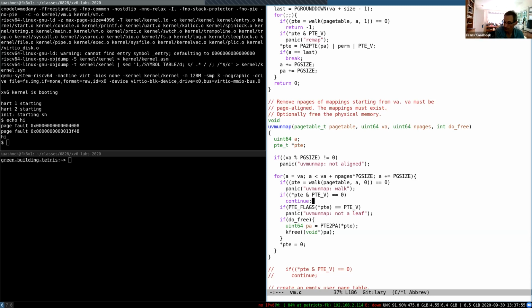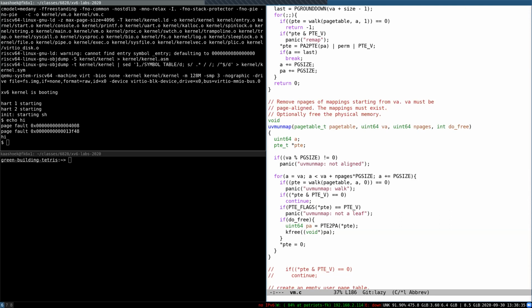And so it's totally reasonable that there is going to be a case where there's no mapping for a virtual address because it actually wasn't allocated yet. And for that case, we just have to do nothing. We can't free the page, correct? But there is no page to free. And so the best thing is to do continue and just go to the next page in the loop. Okay, that makes sense. Thank you. Yeah, if we didn't do continue, but basically just kept going, then we would actually try to free the page. And we can't do it because there's no page. That's why the continue is there. Makes sense.